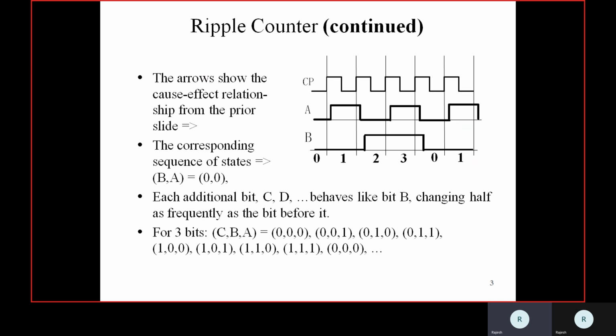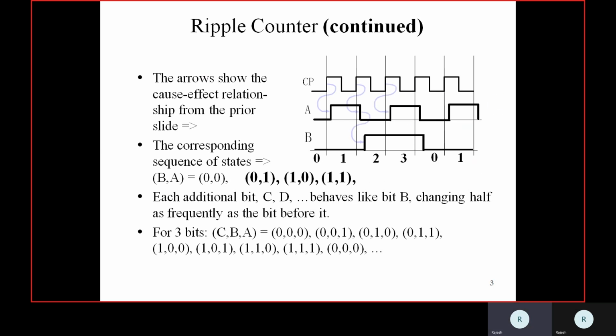If you add 3 bits, it will count 000, 001, 010, 011, 100, 101, 110, 111. Now, if you add one more bit, an additional bit D, it becomes a 4-bit asynchronous or ripple counter where you can get transitions from all zeros to all ones.